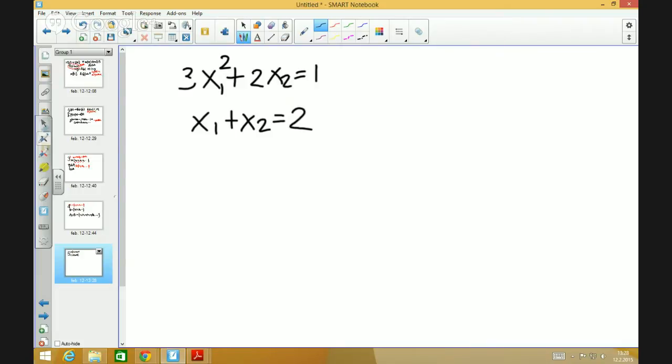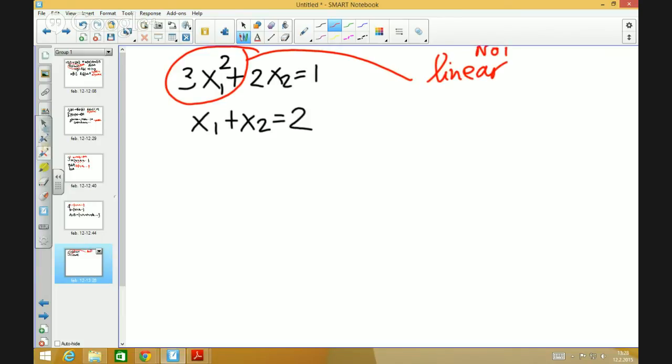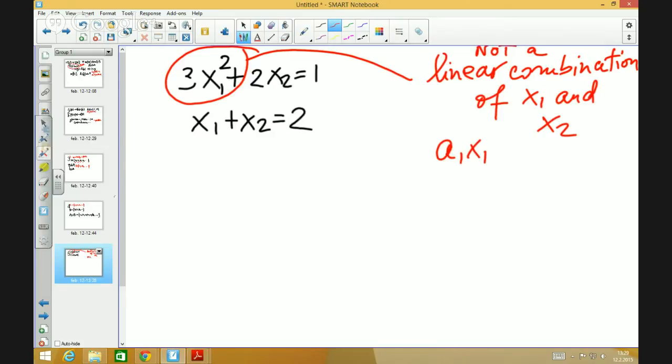This is not a linear combination of x1 and x2. A linear combination has the form a1 x1 plus a2 x2, where a1 and a2 are constant.